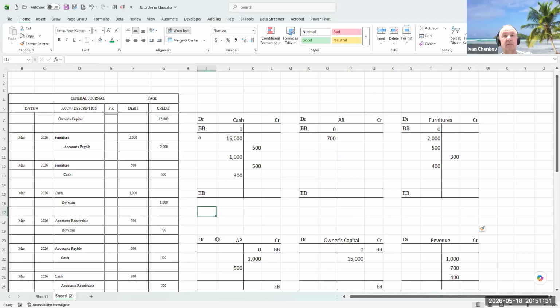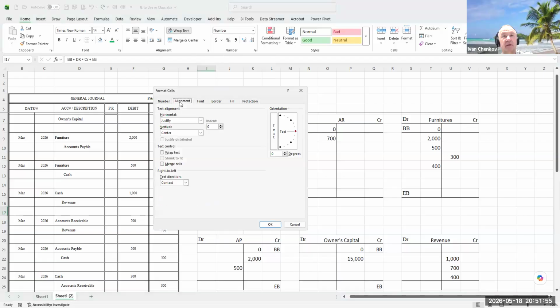How this works is, and always works this way: beginning balance plus all the debits is always equal to the credit plus the ending balance. Now this one's gonna give me trouble, but if you go to format cells and alignment, I don't want to wrap the text.